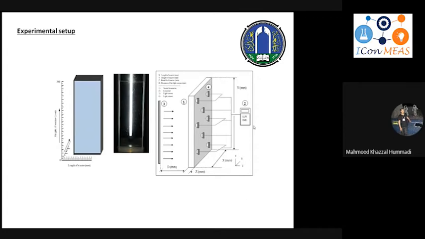This dark chamber was designed and structured to prevent any effect of external light on the measured light intensity. This chamber contains a tubular lighting source mounted vertically on the base of the chamber.